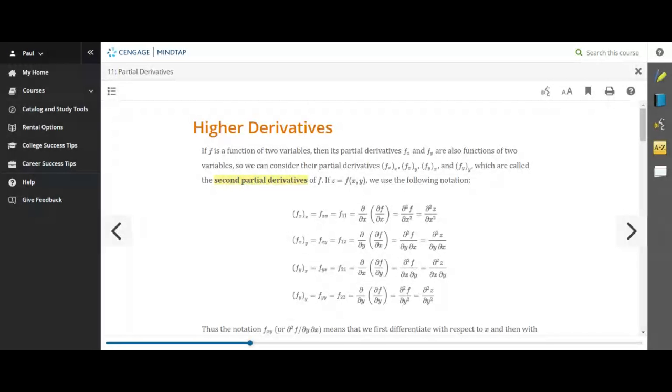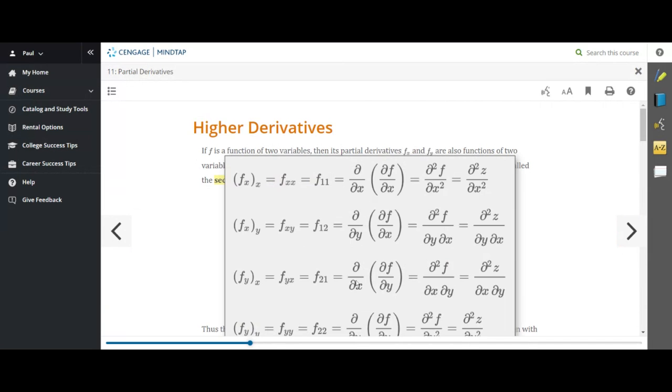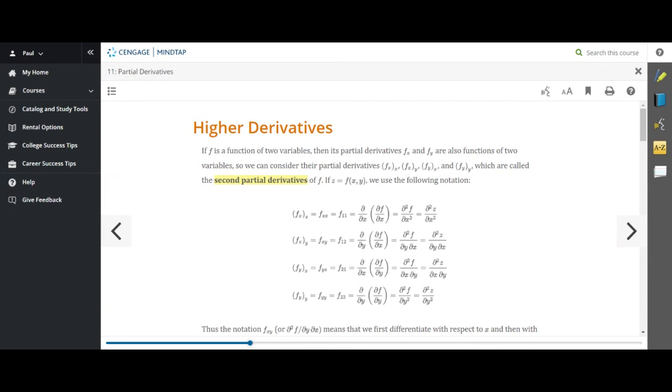And so if we go to the ebook here, well, we also have second partial derivatives for functions of several variables, or more than 2 variables. I think I'll just make it a little bigger. So, it mentions above here, if f is a function of 2 variables, then its partial derivatives are also functions of 2 variables. And so we can consider their partial derivatives as well, which we call the second partial derivatives.